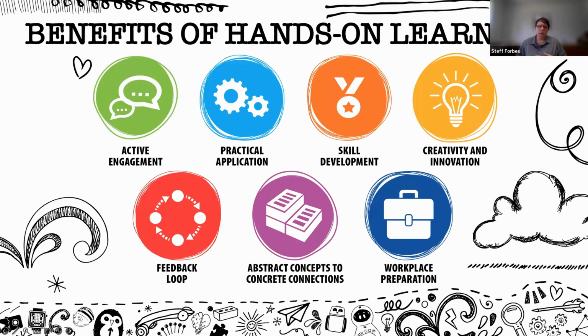Also, the hands-on learning provides that active engagement. So students are being active learners in the process. They're not just consuming the information, but they're actively involved in experimenting and problem solving and creating, which we know leads to that deeper level understanding and retention.